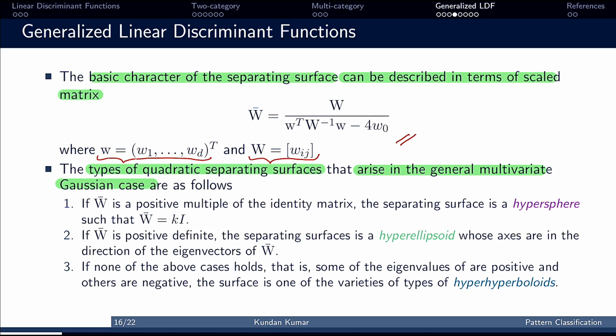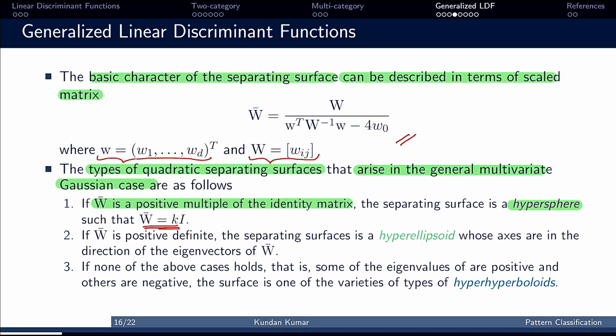If the scaled weight matrix is a positive multiple of the identity matrix, that is, the scaled weight matrix equals k times the identity matrix, then the separating surface will be a hypersphere.